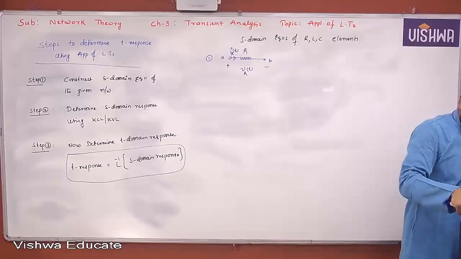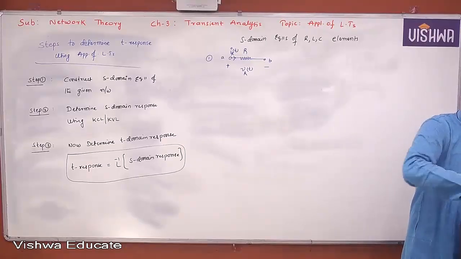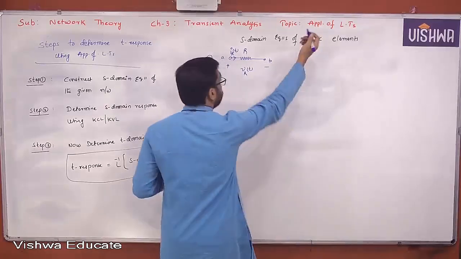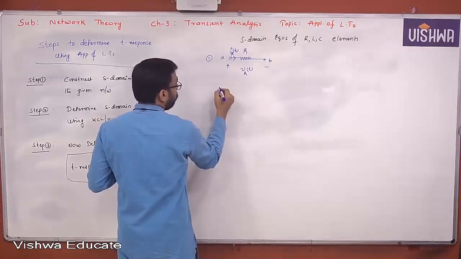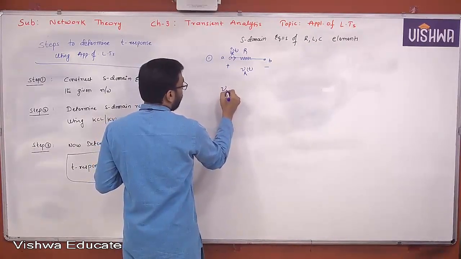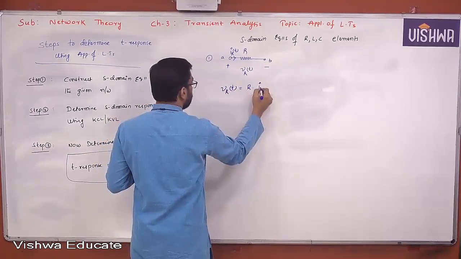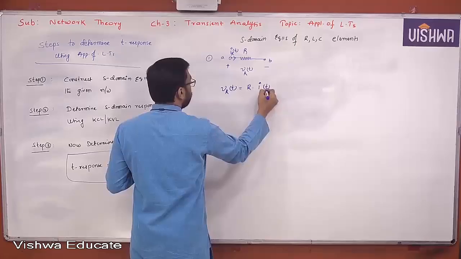Now let us apply. You know that VR of t is equal to R into IR of t.